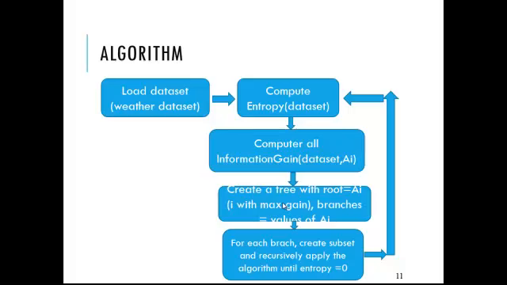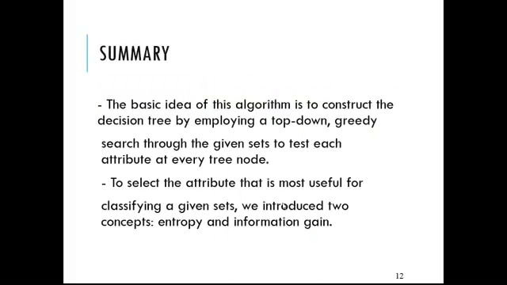So for each branch, we create a subset of the original data set. So we divide our original data set into subsets, and then recursively apply the whole algorithm for each subset until the entropy for that set is 0. So that is the main algorithm.